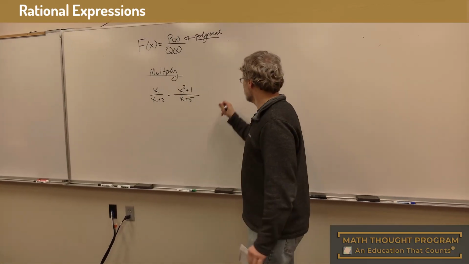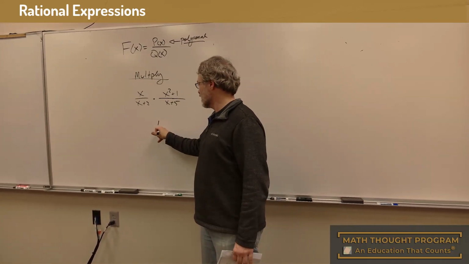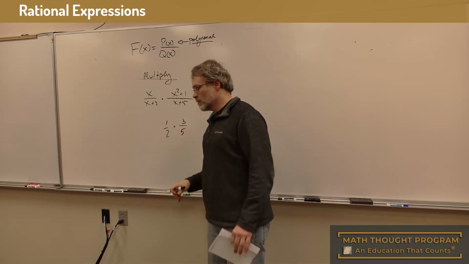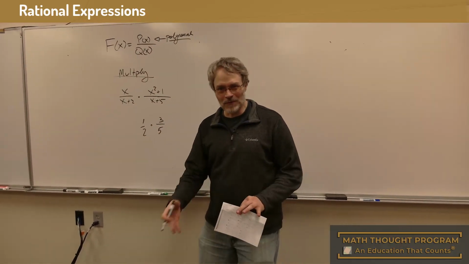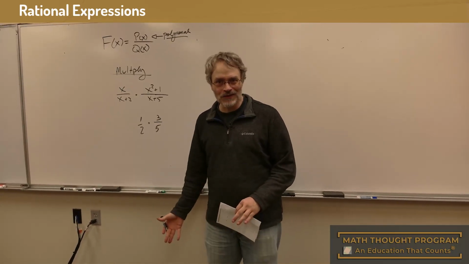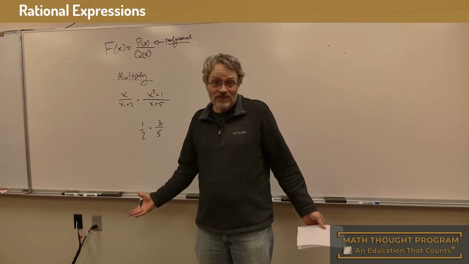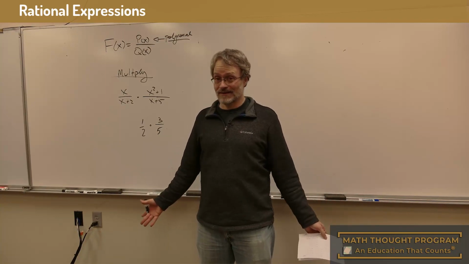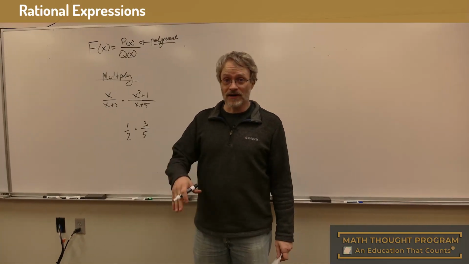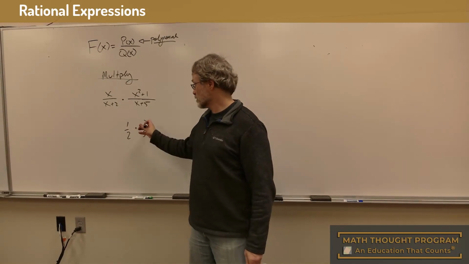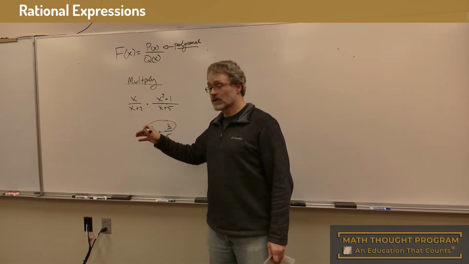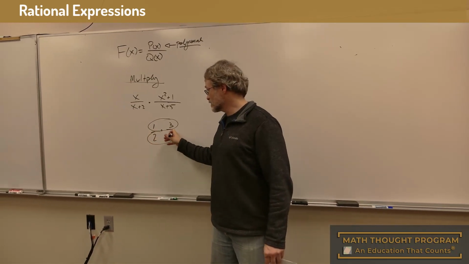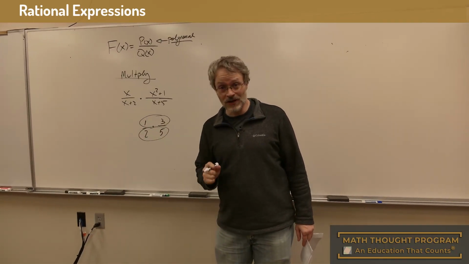And you might recall, if I go back and look at something like a half times 3/5, I didn't have to do cross multiplication, because that had nothing to do with multiplying fractions together. If I want to multiply my fractions, I multiply numerator times the numerator and denominator times the denominator.